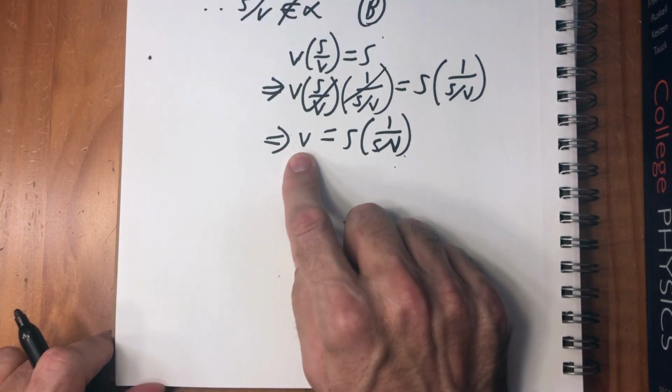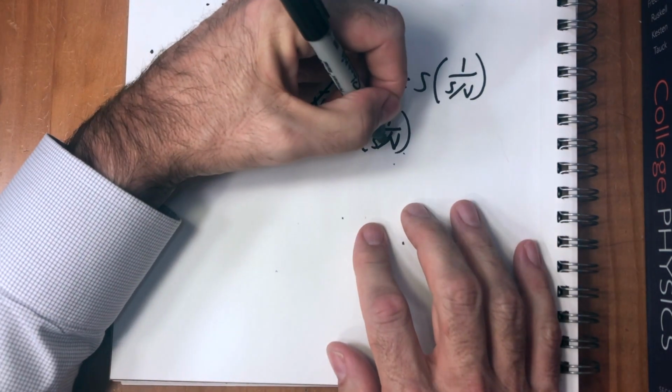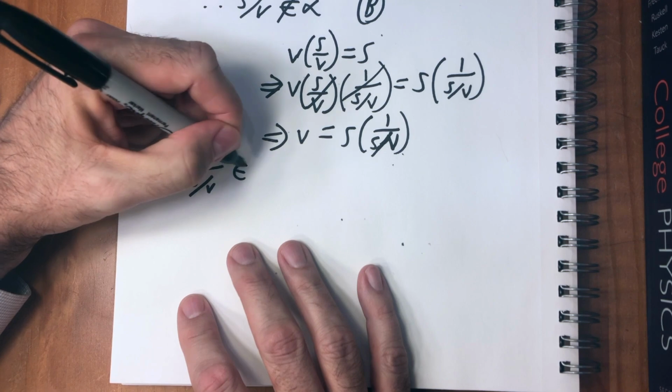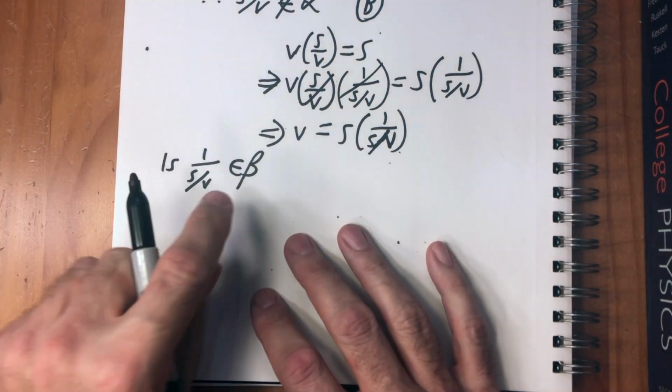I think we're close. This is inside 1, this is inside alpha. The only question remaining is whether 1 over (S over V) is an element of beta. That's all we have to prove. First I'm just going to show you that it's true, and then I'll prove it using algebra.